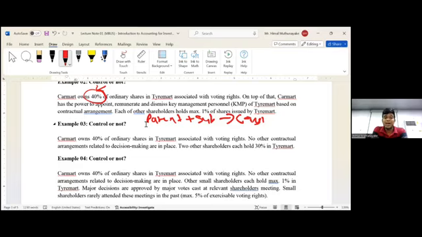Major decisions are approved by majority votes cast at relevant shareholder meetings. Small shareholders rarely attended these meetings in the past, maximum 5% of exercisable voting rights. Right. So what will happen?